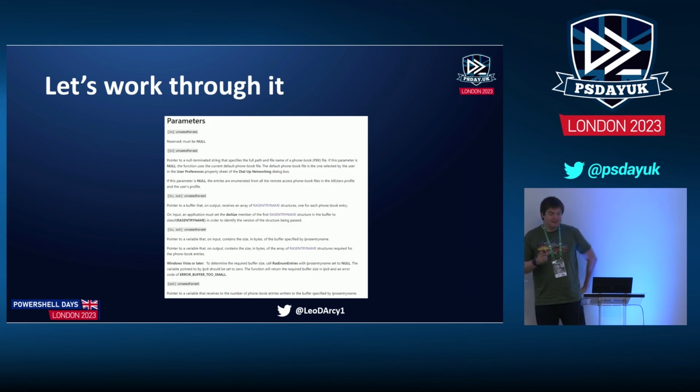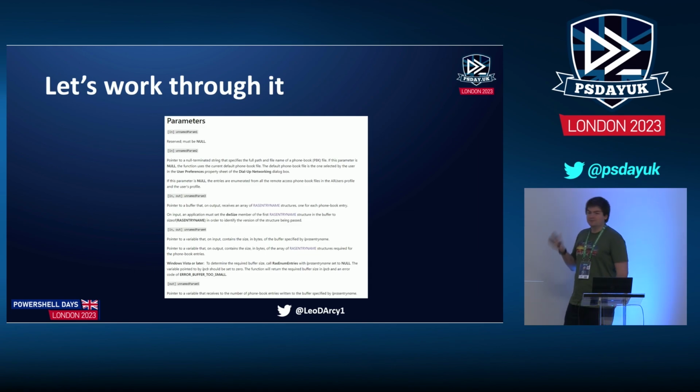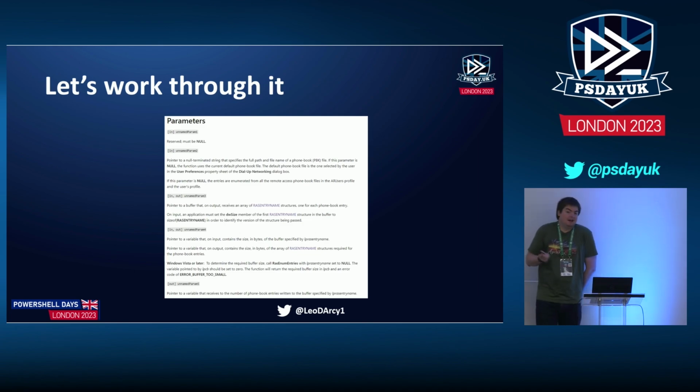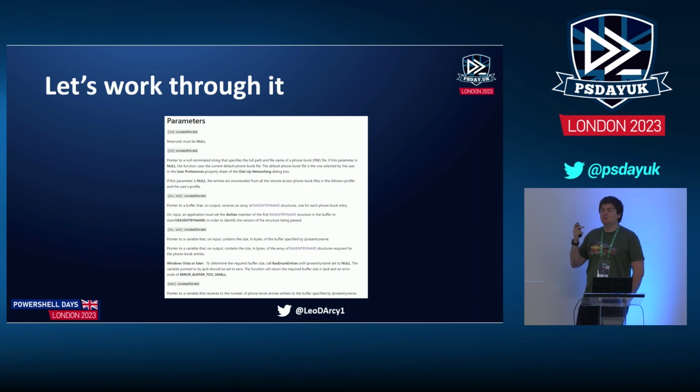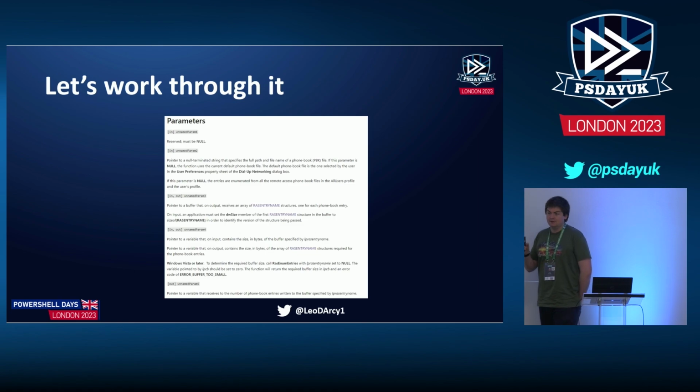Luckily, they provide a bit more information as to what those parameters should be, even though they don't give them nice names. So the first one's nice and easy, must be null. The second one, if you take the time to read that, is basically looking for a string pointing at the rasphone.pbk file that is storing the VPN entries.